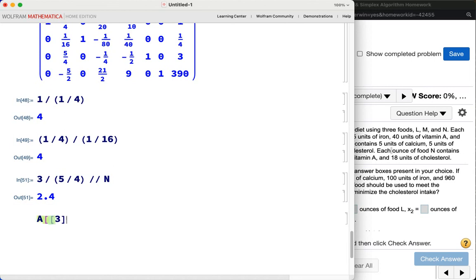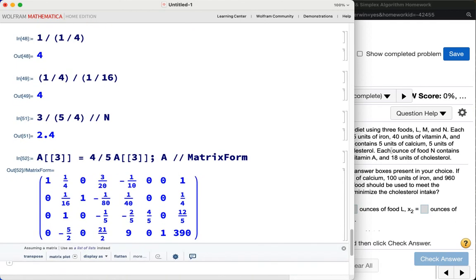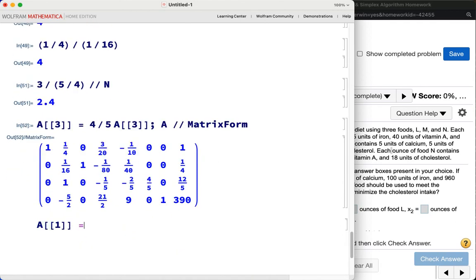Okay, so the new third row is equal to 4/5 times the third row. And then the new first row is equal to the old first row minus 1 over 4 times the third row.